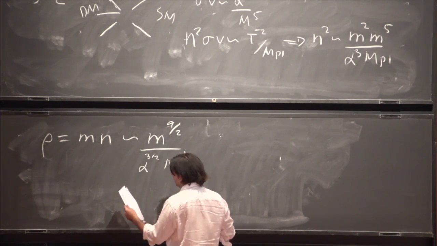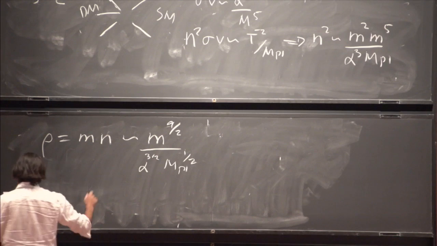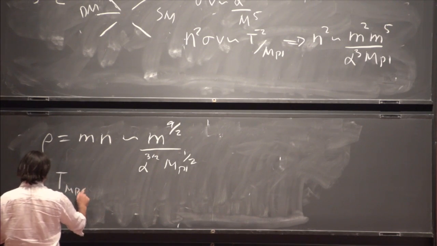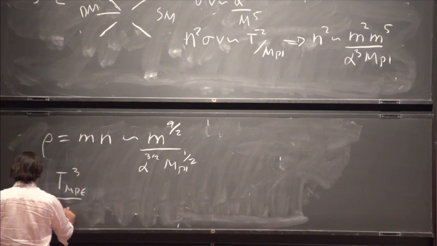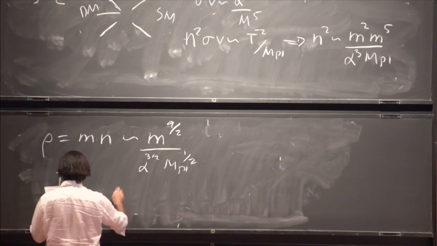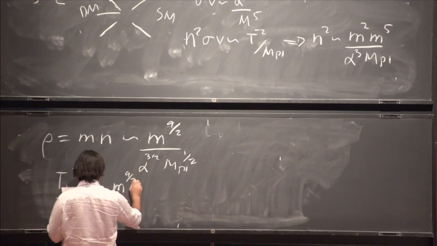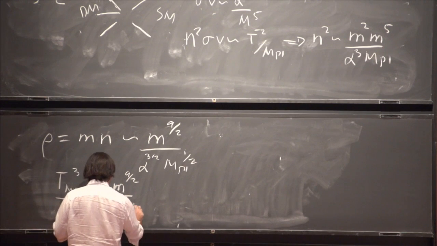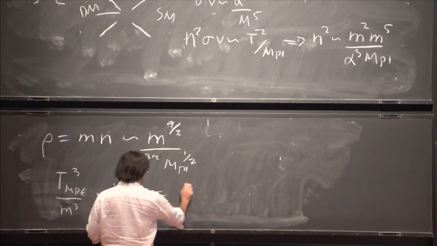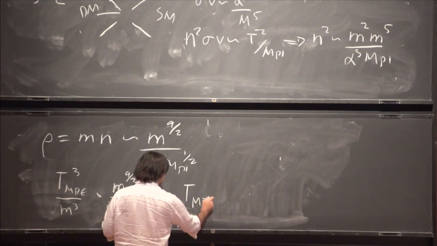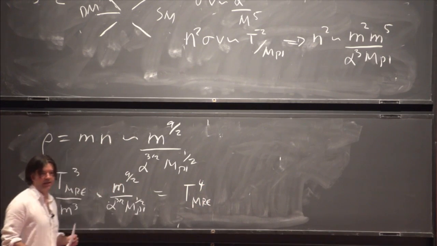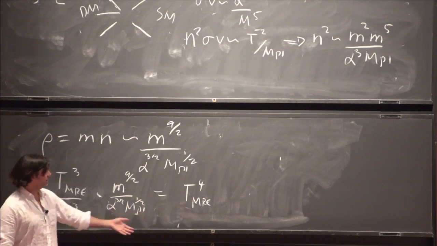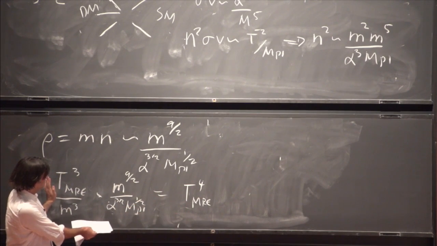And then I do what I did before, which is I redshift it from then until now. So I take T matter radiation equality over m cubed times this number. And I set that equal to the energy density in photons at matter radiation equality. Remember, the energy density in photons is just T to the 4th. At matter radiation equality, this is what the dark matter energy density is going to be.